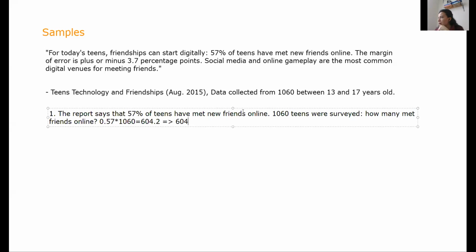Are there any questions about how this number of 604 was found? Or does everybody understand? Silence means everybody understands. Okay.